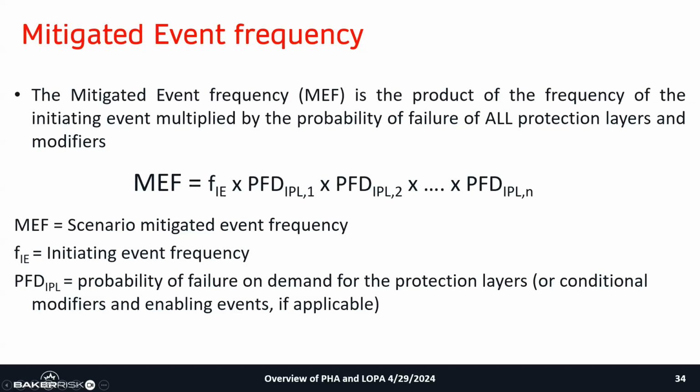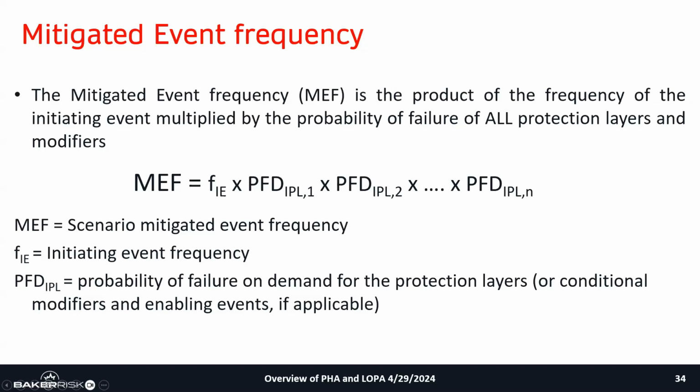Basically, after doing your initiating event and your enabling conditions, you want to give values for each of your independent protection layers. Once you define your robustness or your risk reduction credit for each safeguard, you can assess mitigated event frequency.